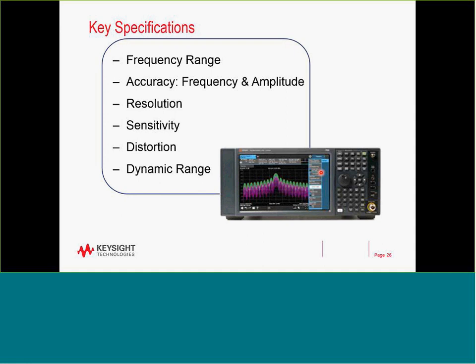Then there's accuracy, and you really rely on it to understand what is coming out of your transmitter. So it has to have sufficient frequency and amplitude accuracy and resolution in order to find out, when you're looking at your signal, if there are other signals close by, or if it's all the signal expected, and to see small signals.